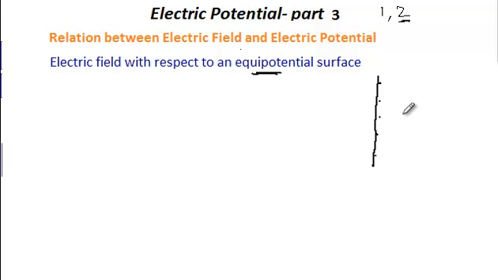Now say we move a charge Q naught from A to B, which are 2 points on this equipotential surface, then we know that the work done by the electric field in moving a charge Q naught from A to B will be given by integral E dot dl.